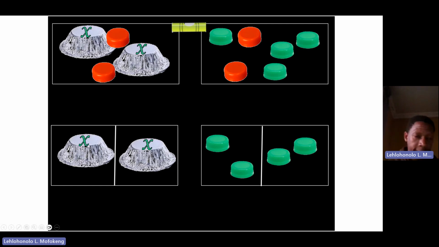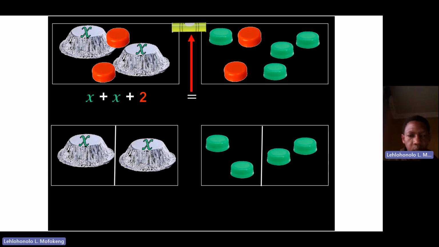For one cap representing x, we are going to have 2. And it is clear that our x is equal to 2. We have divided. We were multiplying by 2. Therefore, for us to find x, we have to multiply by half, which is the same as dividing by 2.